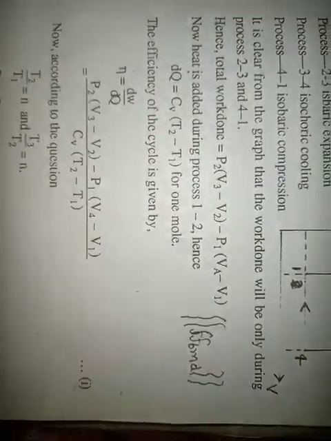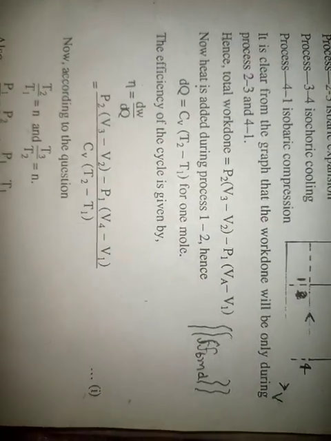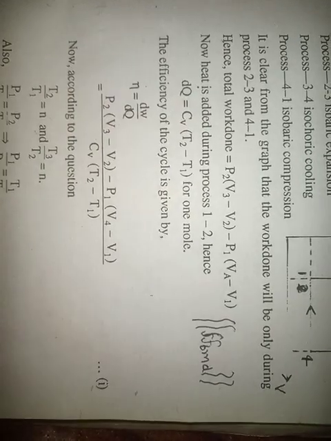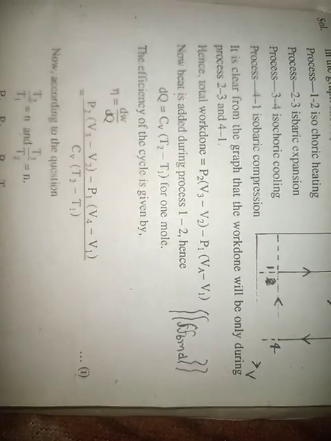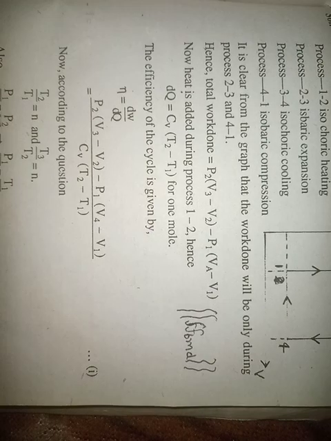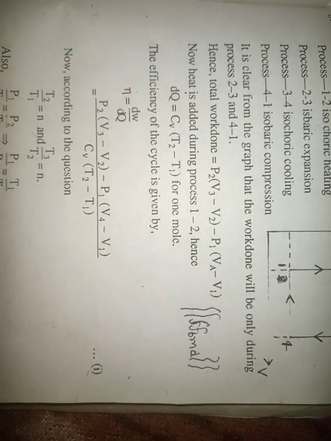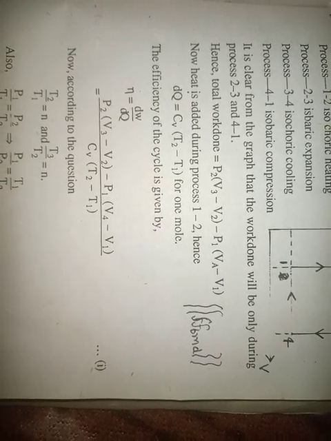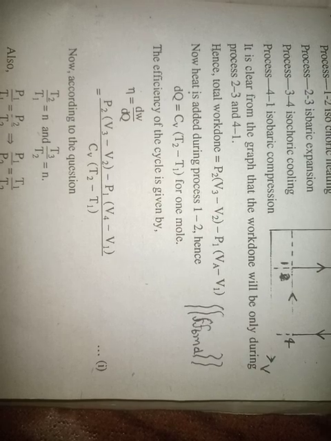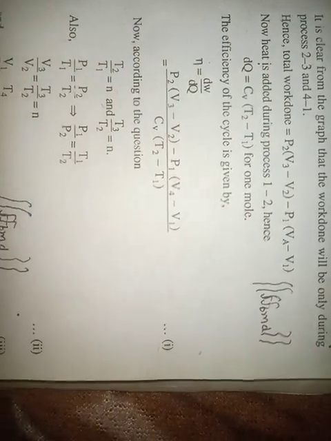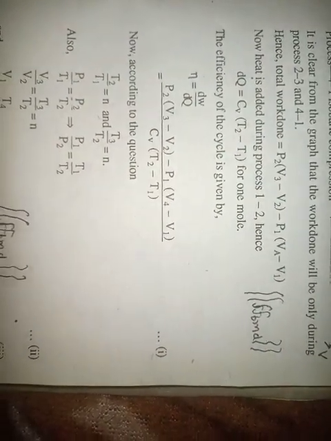Now heat is added during process 1 to 2, hence dQ equals Cv (T2 minus T1) for 1 mole. The efficiency of the cycle is given by eta equals dW by dQ, equals P2 (V3 minus V2) minus P1 (V4 minus V1) divided by Cv (T2 minus T1), equation 1.